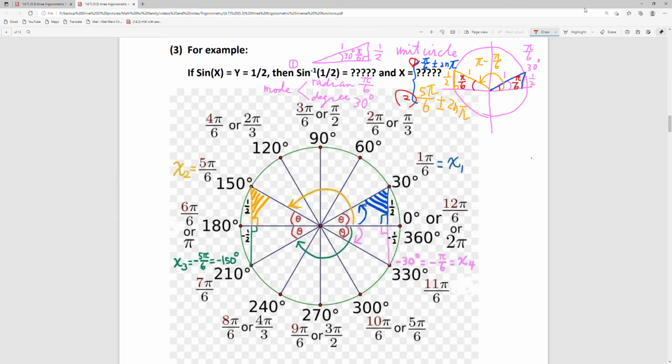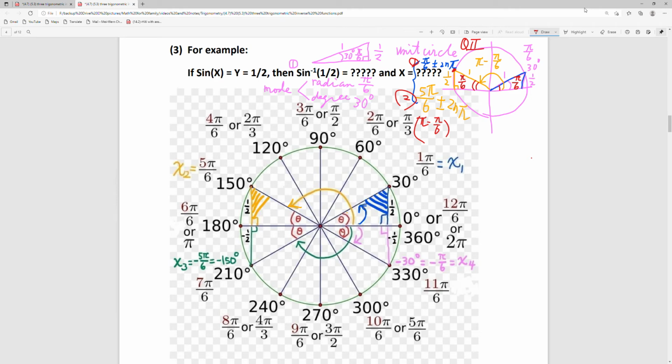And the second group, you draw the picture to see, okay, the other angle will be in quadrant 2. And it's almost pi, just a little bit, not yet. So you use pi minus pi/6. That's the formula, but I don't use the formula. I use concept.